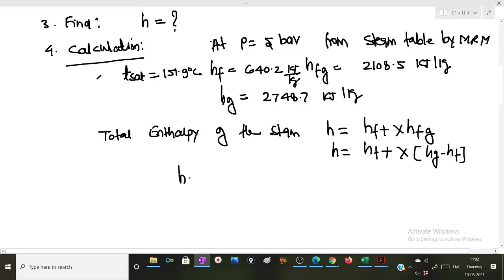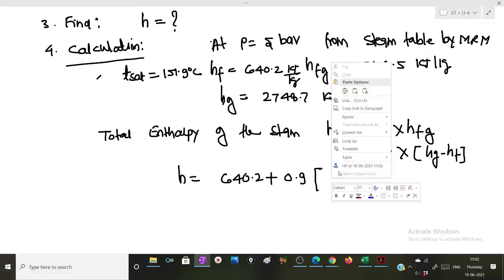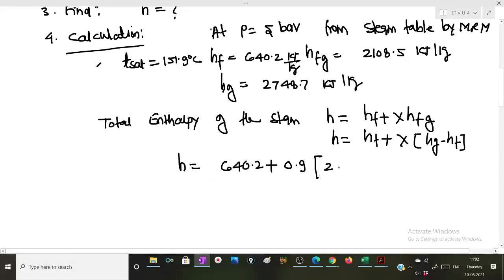Both are the same things. hf is 640.2 kilojoule per kg. Dryness fraction is 0.9. hfg, I can directly write the value as it is given to me, 2108.5.